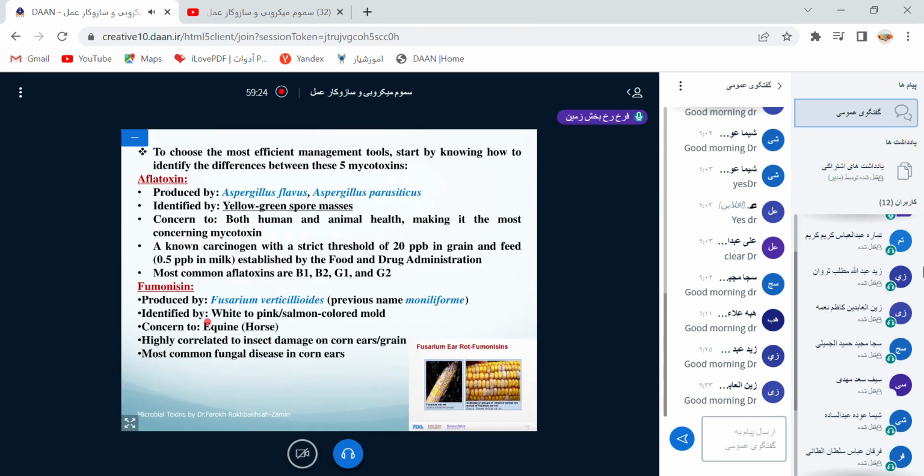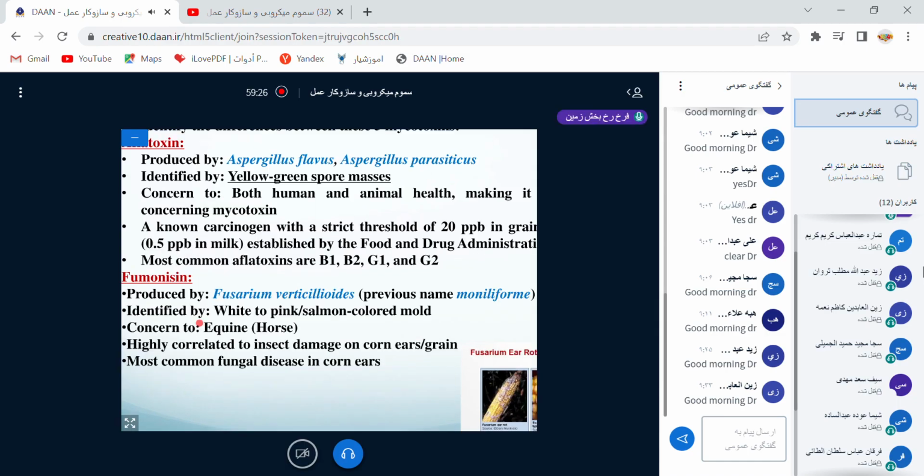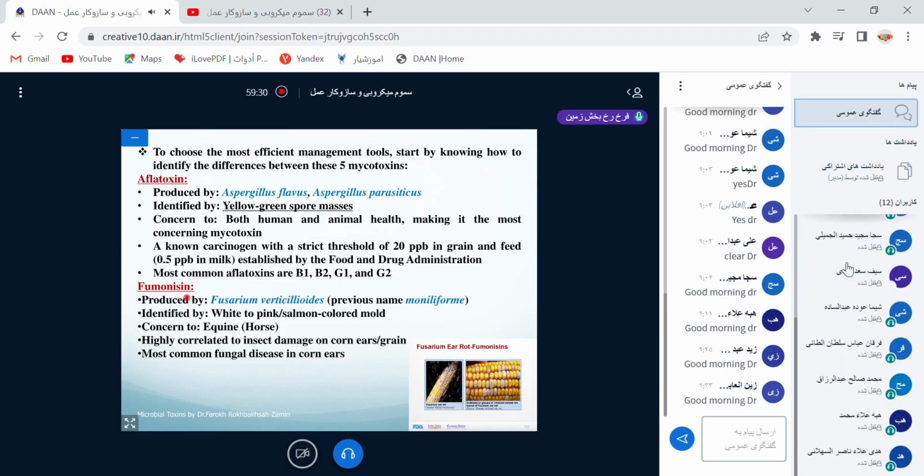Fumonisin is another mycotoxin identified by white to pink salmon-colored mold, and it is more problematic especially for equine, or horses.